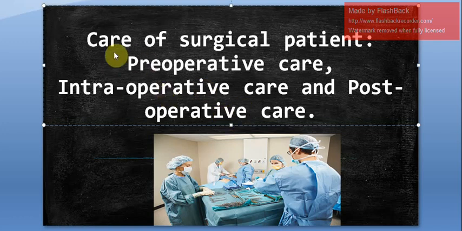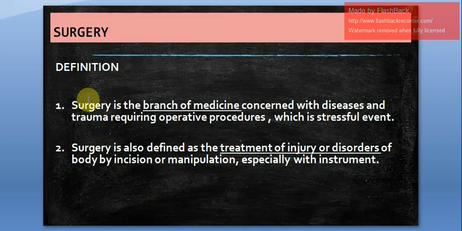Now, before starting with care of surgical patient, we will just go through what is surgery first. Okay, so definition of surgery. Surgery is also a branch of medicine which deals with operative procedures. These operative procedures are usually stressful for the patient because you are doing an incision and most of the time you are using instruments for the surgery.